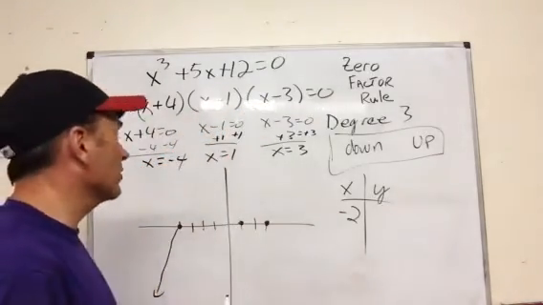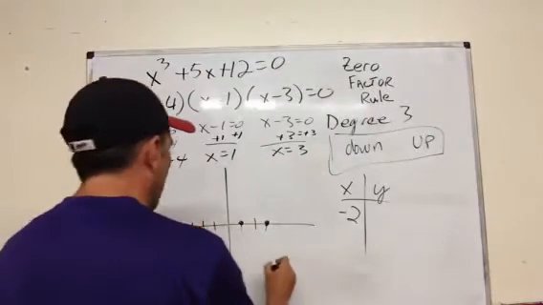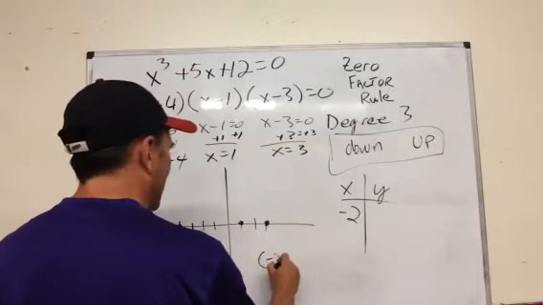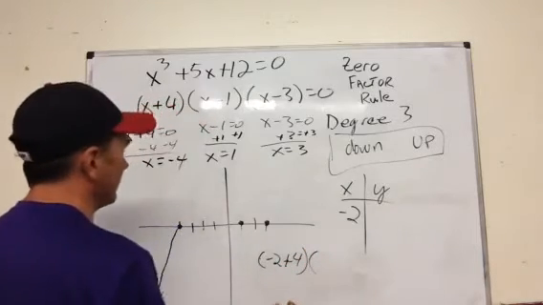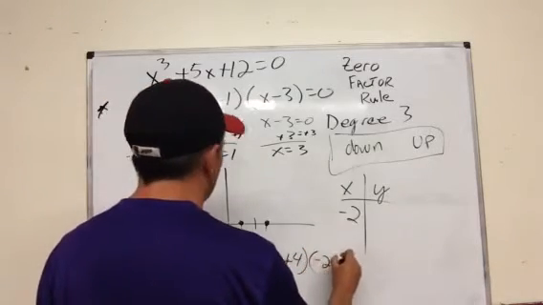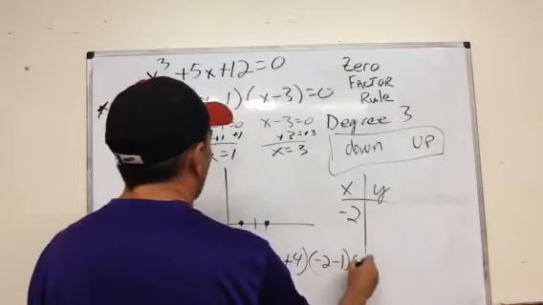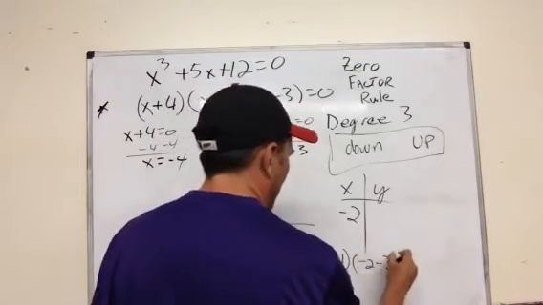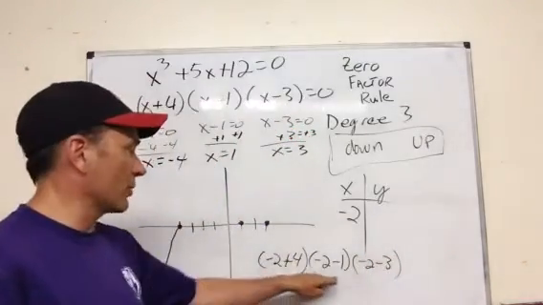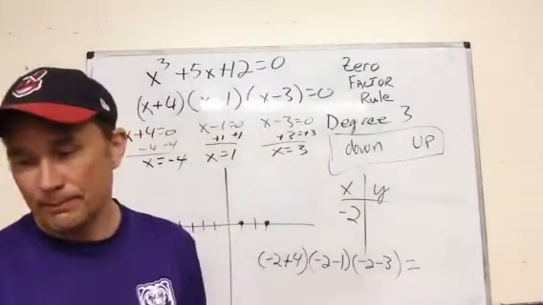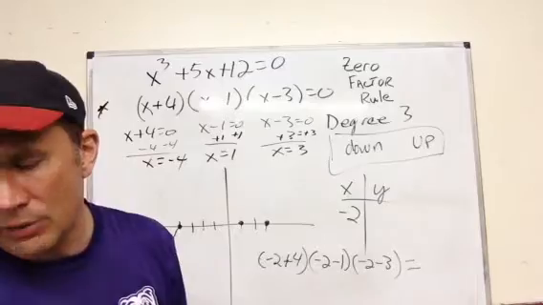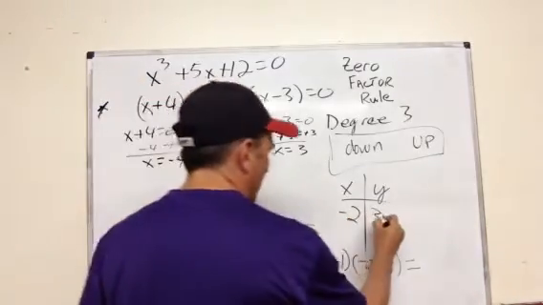And I'm going to plug this point into my equation here. Now, if you want to use a calculator, you can put in parentheses negative 2 plus 4, close your parenthesis, open a parenthesis, negative 2 minus 1, and then negative 2 minus 3. You can plug this straight in your calculator, hit equals, and you will get a number. Now the number I got was 30.